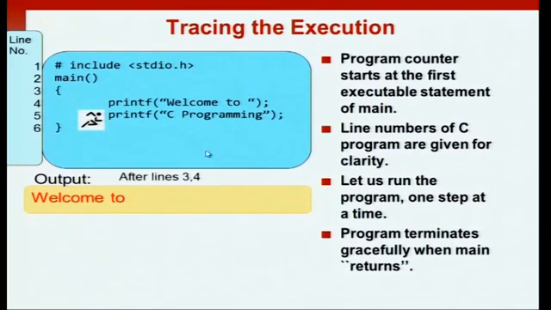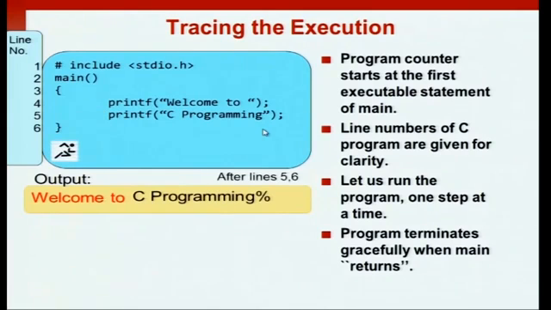Okay. So first we execute the first line of the code. After we are done executing the line 4, so after we are done executing lines 3 and 4, the message welcome to will be printed on the terminal. This will be followed by the next line. So the next line says C programming. Okay.